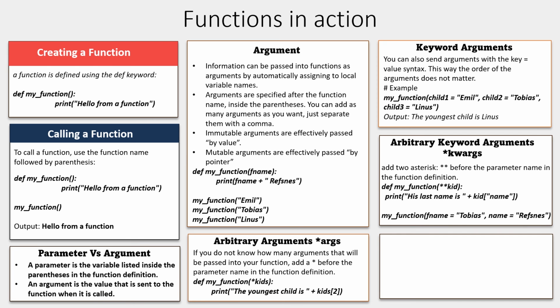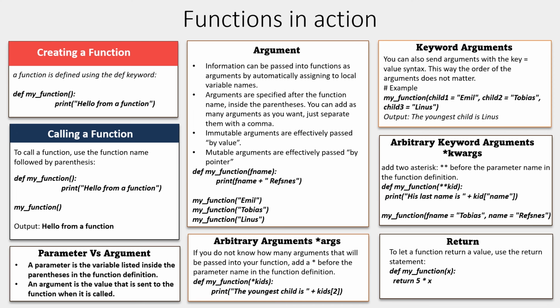And the final component of a function is return. Return lets a function return a value when we invoke the function. And this is an example. So in a nutshell, what we have discussed here is the syntax to create a function and the way to call a function.